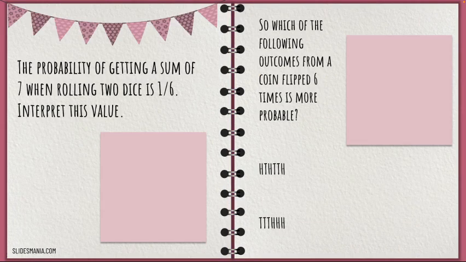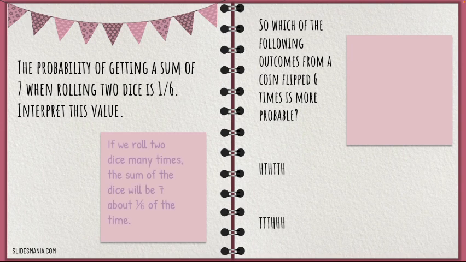If the probability of getting a sum of 7 when rolling 2 dice is 1 in 6, interpret this value. So you're rolling 2 dice, and once you roll them, you're going to get 2 numbers, and then you add those together, and we're looking at the probability of getting that sum of 7. So let's interpret what this means.